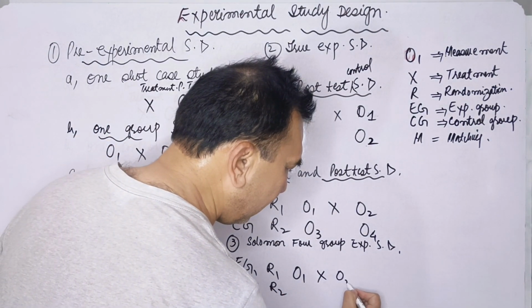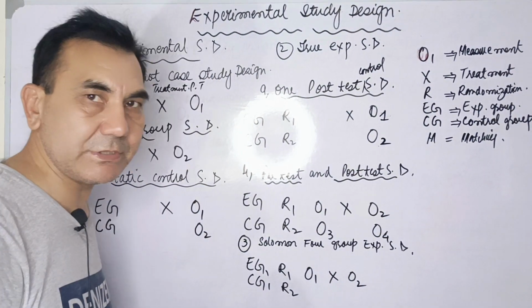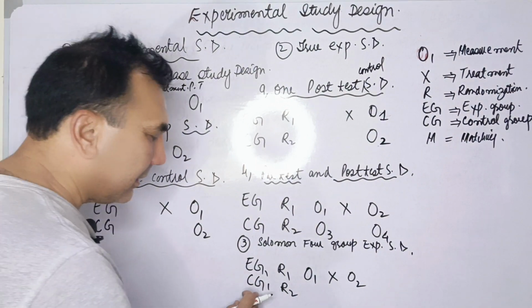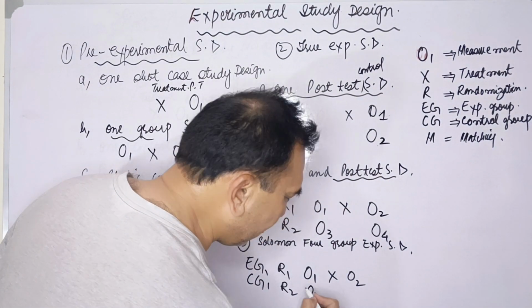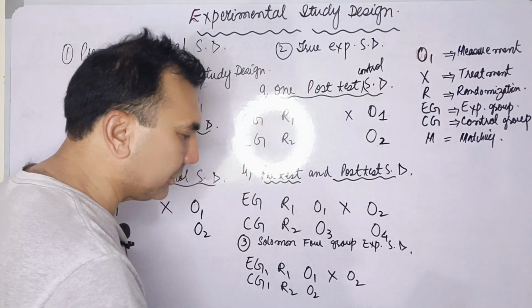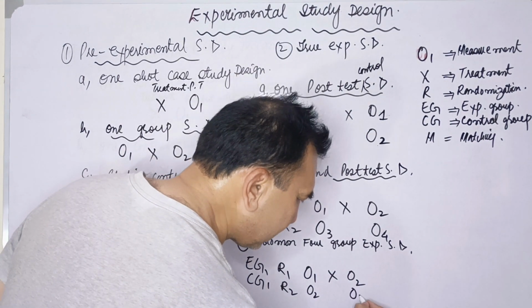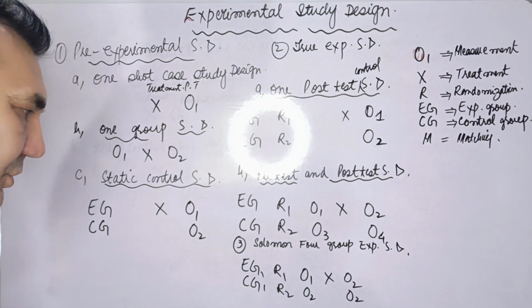Then he will measure the outcome in the form of the post-test in the experimental group. In the first control group, he will measure the pre-test and the post-test after the randomization.